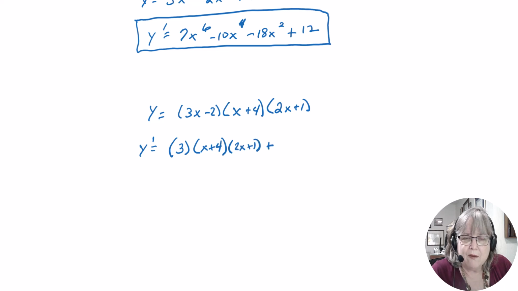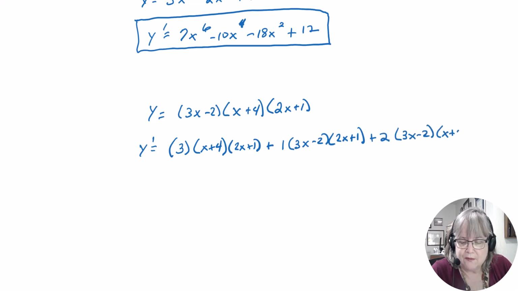Plus, we're going to take the derivative of the middle. So the derivative of x plus 4 is 1, leaving the other two alone. Then we're going to scoot down and take the derivative of the third. And the derivative of 2x plus 1 is 2, leaving the other two alone.